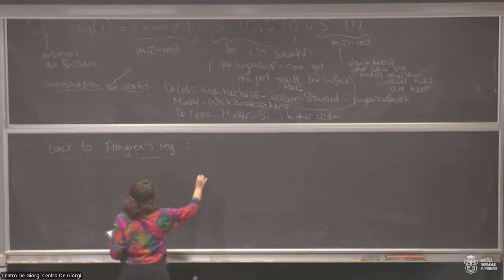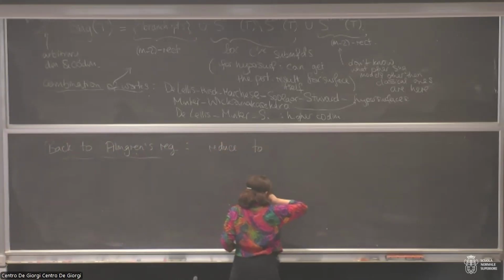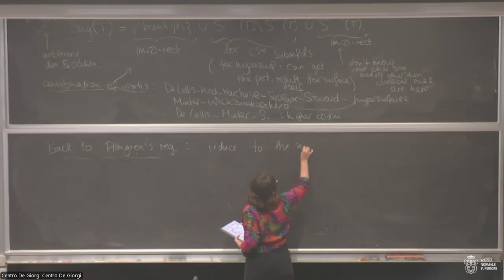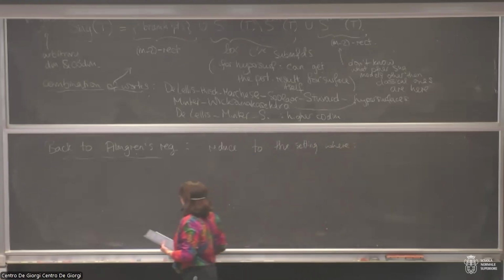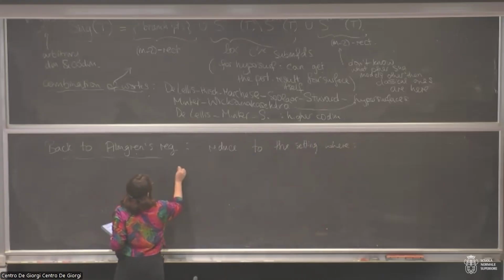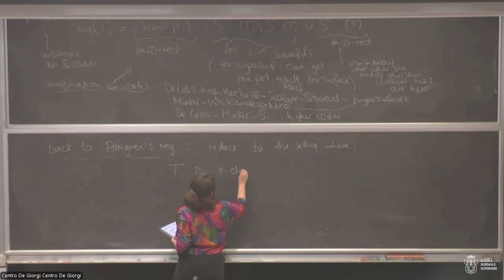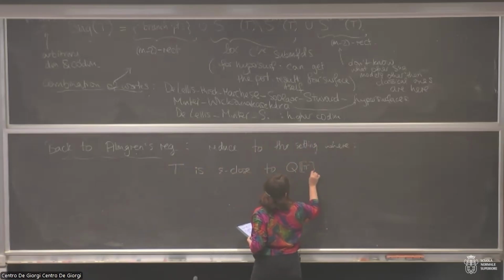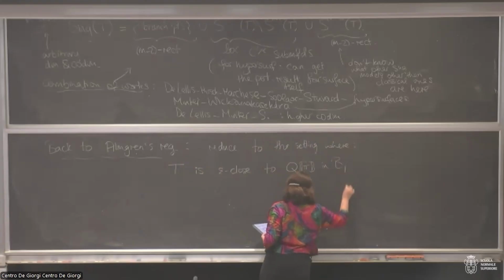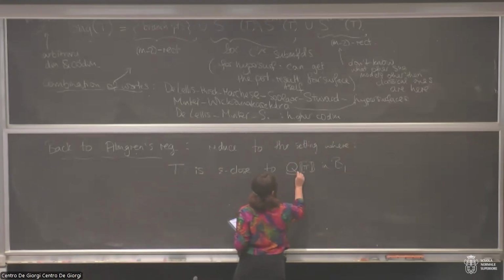And so you can reduce locally to the setting where your surface T is epsilon close to some plane with multiplicity, let's say in the unit ball, by rescaling. So you're already starting localized around a branch point of density Q. This is an integer.